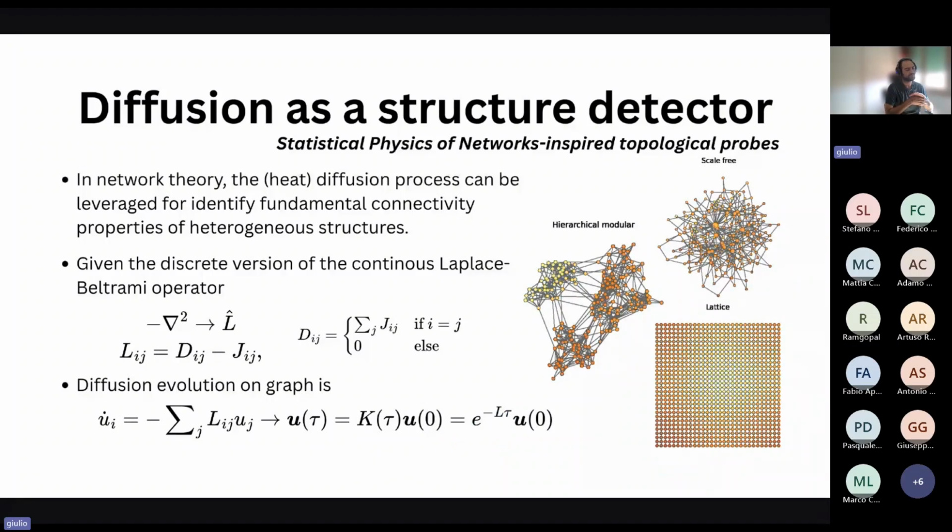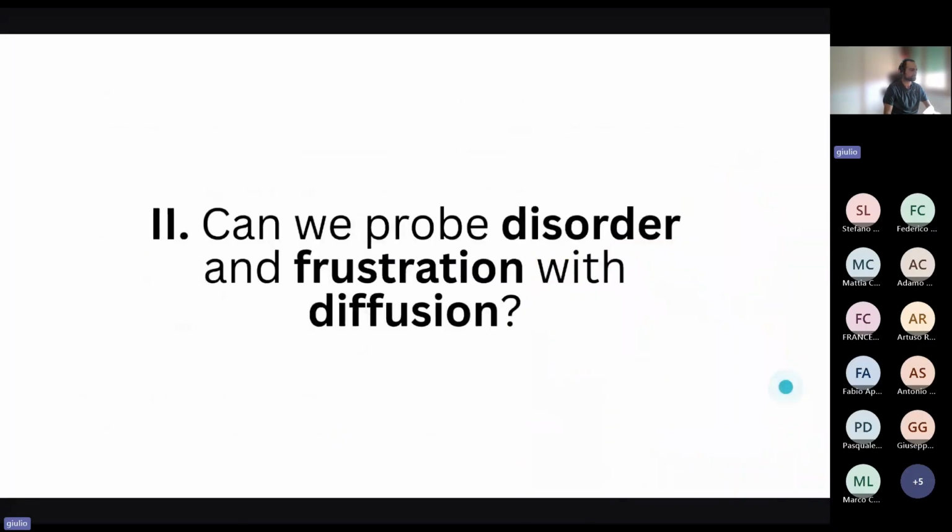This has been used in past years for probing network structures, because it has the ability to reveal spatial scales that are intrinsic, which heterogeneous networks in general lack, by linking the temporal scale of the evolution of the process to the spatial scale, that is, the state of the process at some time.